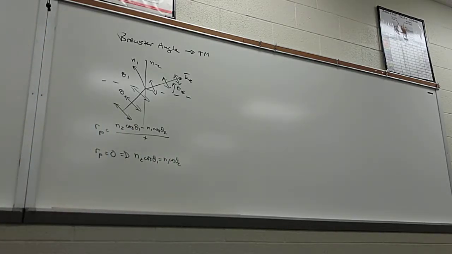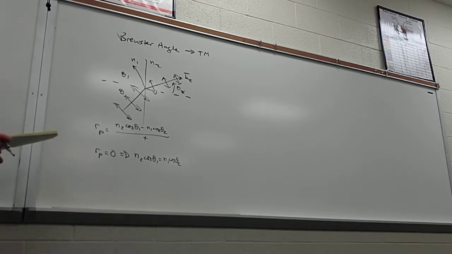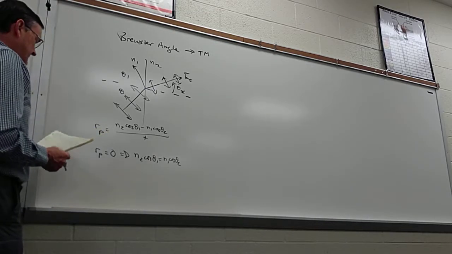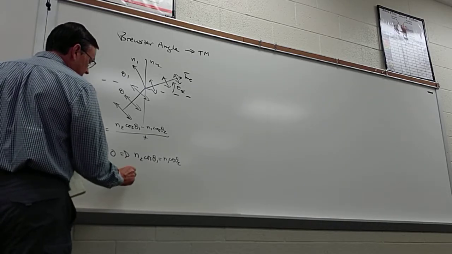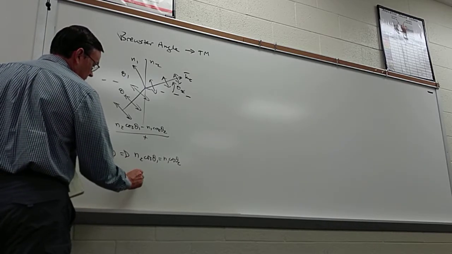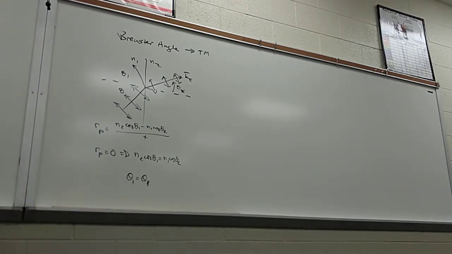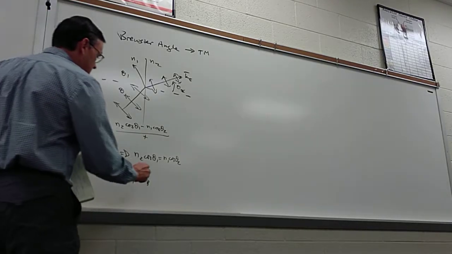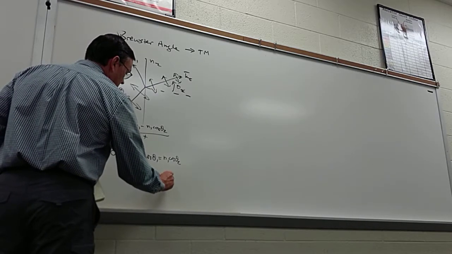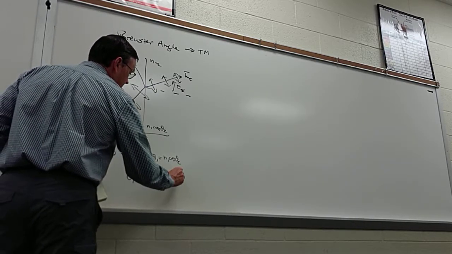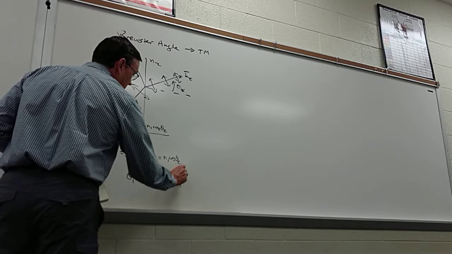Now we can use Snell's law and eliminate theta 2, so we only have theta 1's. If we do that and solve for theta 1, which we then call theta B, the Brewster angle, what we find is that it's equal to the arctangent of n2 over n1.